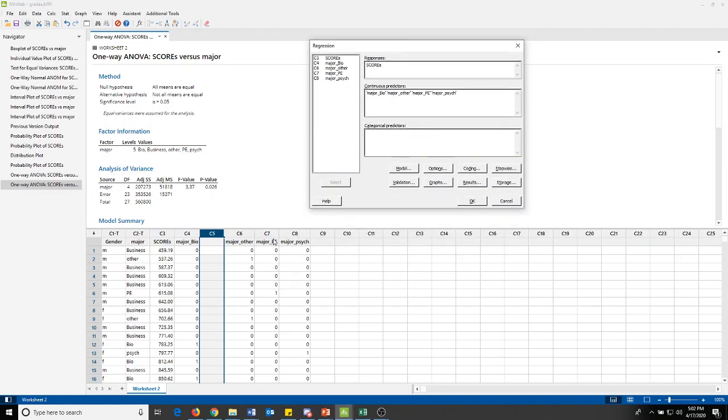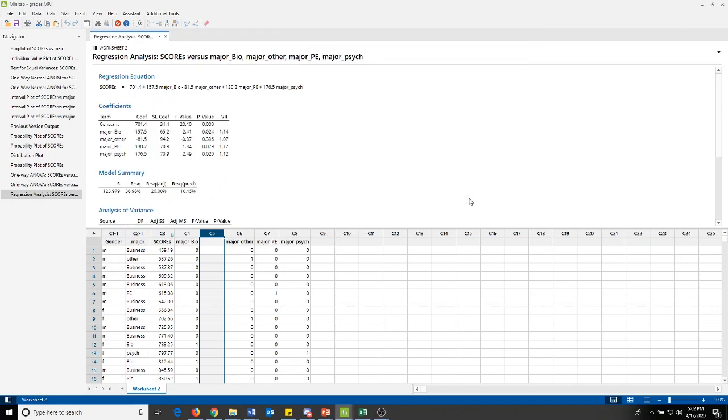Again, just as a reminder, this would be a business major because we have 0, 0, 0 across, the other one would be 0, 1, 0, 0, and PE would be 0, 0, 1, 0. So that's how I'm using my indicator variables. I have 4 variables because I have 5 different categories. And if I go ahead and click OK, this would be my equation for my values.